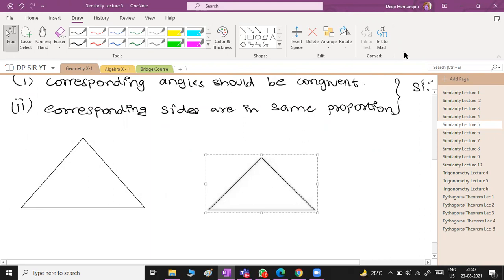Now let us check the correspondence part. Suppose this is my ABC, and here it's PQR.